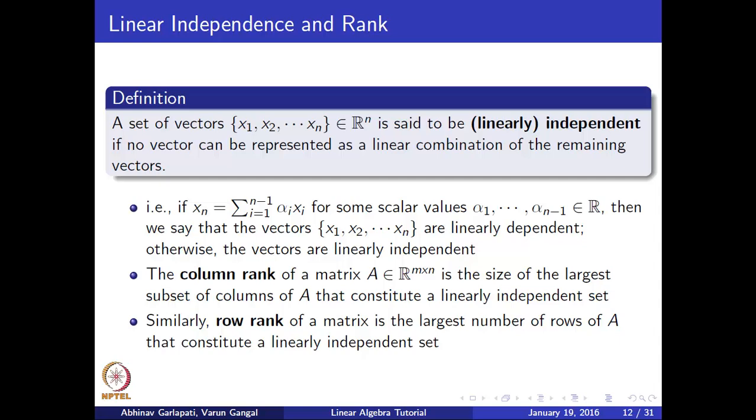So, the column rank of an M cross N matrix A is the size of the largest linearly independent subset of columns. Note that our columns here are M cross 1 vectors. The row rank is defined in a similar way for rows.